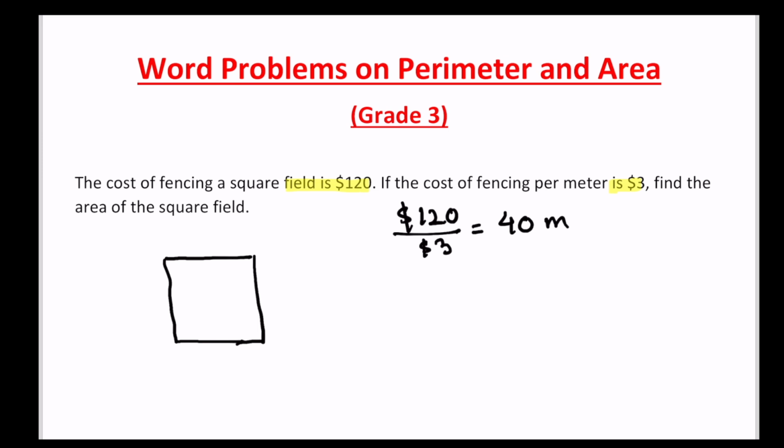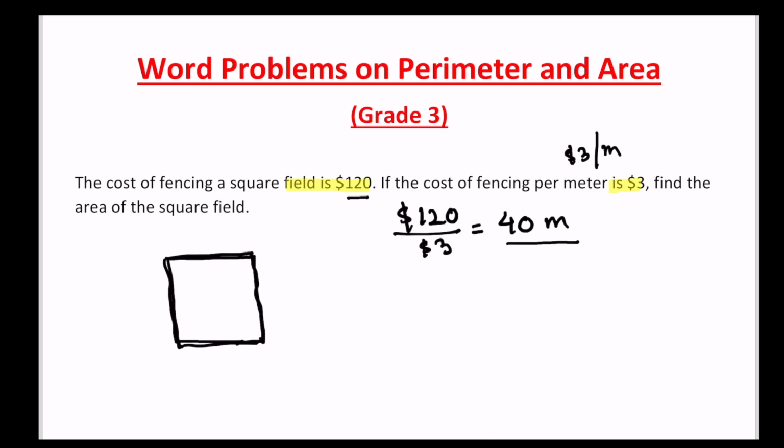So 120 divided by 3 is 40 meters, because the total cost is 120 and the cost of fencing is $3 per meter. So if we divide, we find how many meters we need to fence the whole square field. Fencing means the perimeter.